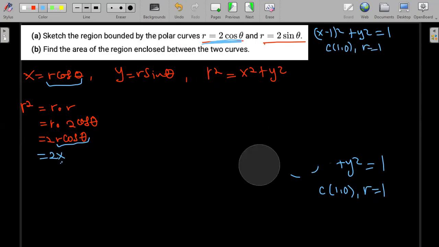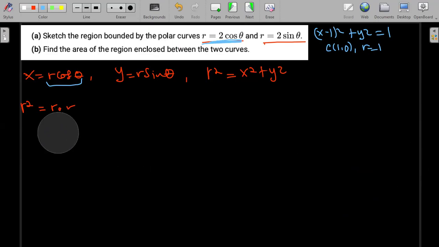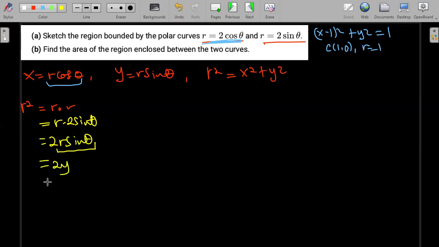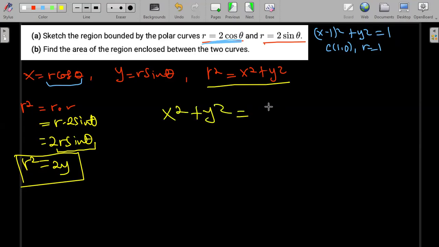Let's look at the other one. If we pick now r to be 2 sin theta, what we get here is 2r sin theta. But this r sin theta is actually y. So r squared is actually 2y. I can now use this formula: x squared plus y squared equals 2y, meaning x squared plus y squared minus 2y equals 0.